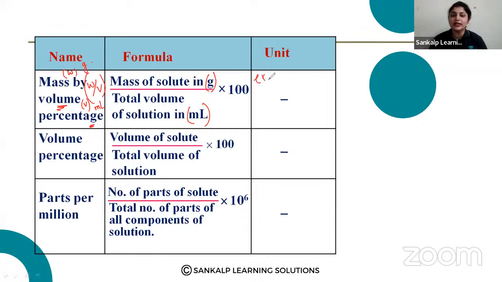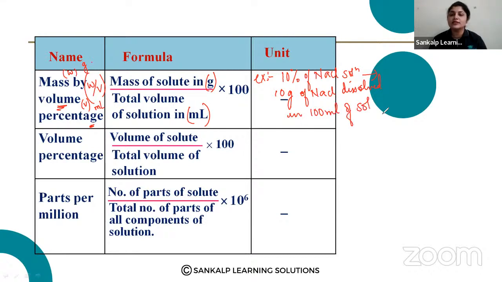For example, I'll give you an example here: 10% of NaCl solution. 10% of NaCl solution means 10 grams of NaCl dissolved in 100 ml of solution.